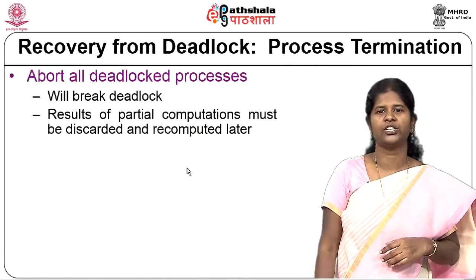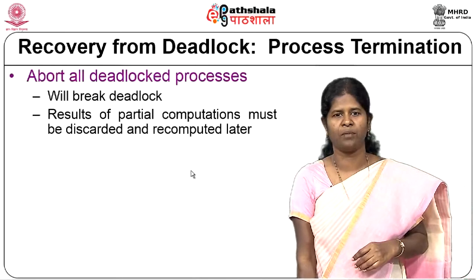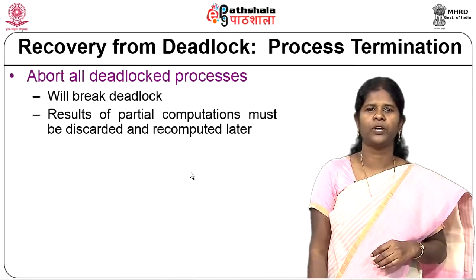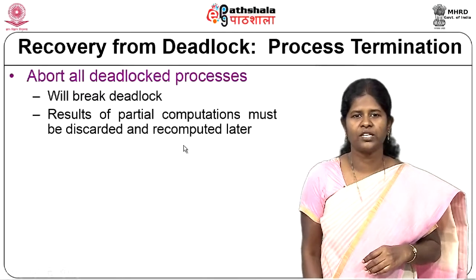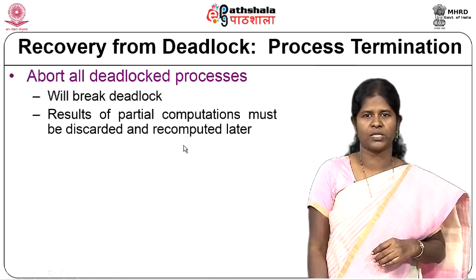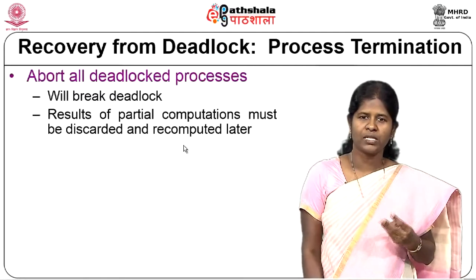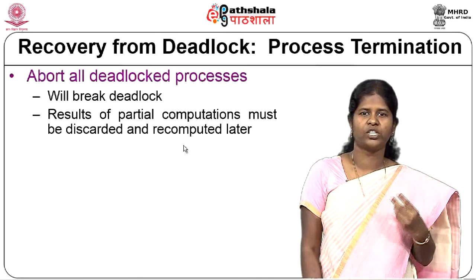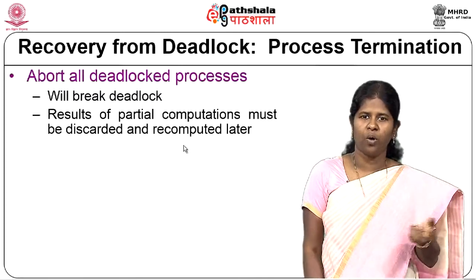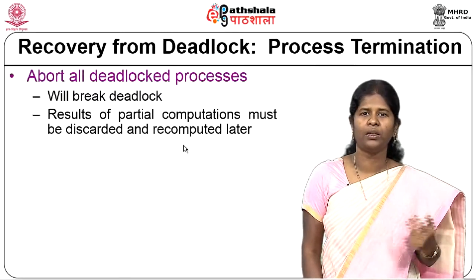First, we look at the issues in process termination. For process termination, the first way is to abort all the deadlocked processes, that is, killing all the processes that are deadlocked.